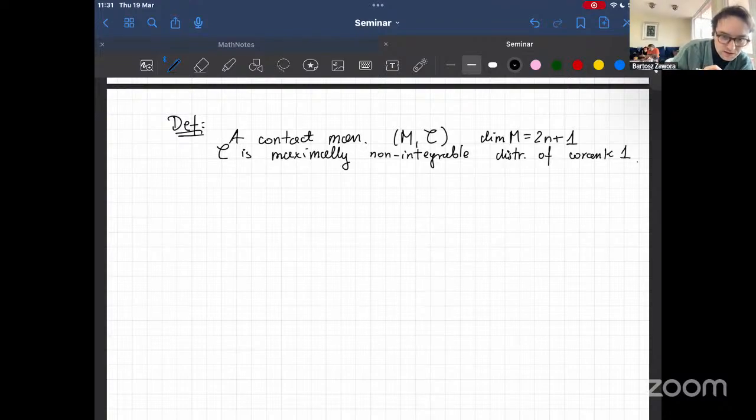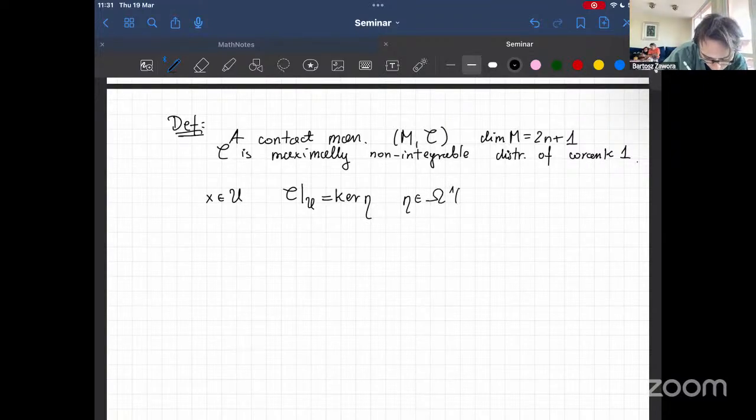Okay, so in other words, in the neighborhood U of any point x, the contact distribution on U is given by the kernel of eta, where eta is some one-form on this neighborhood such that eta wedge (d eta) wedged n times doesn't vanish.